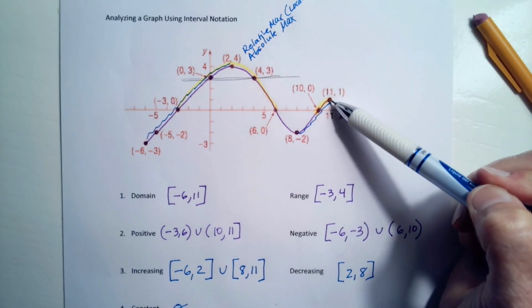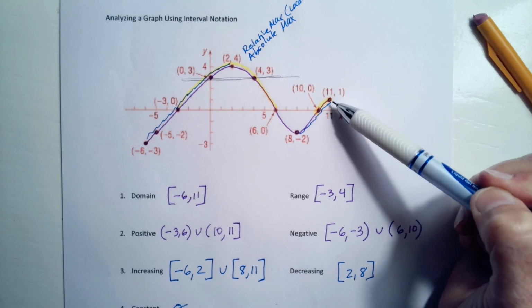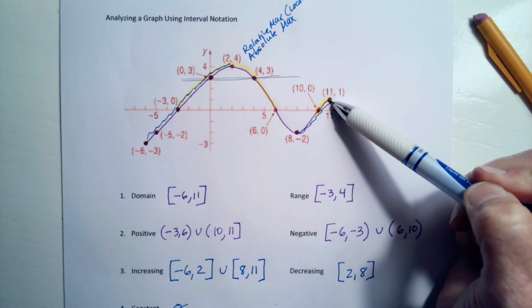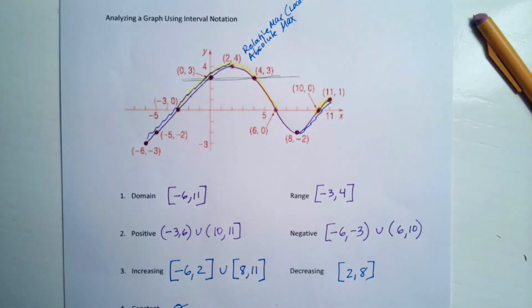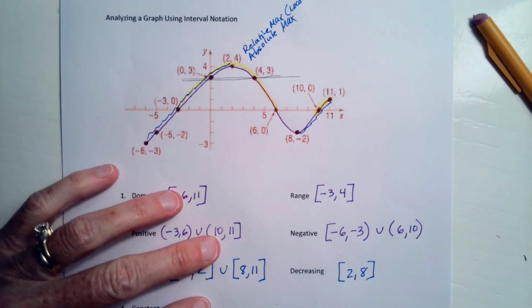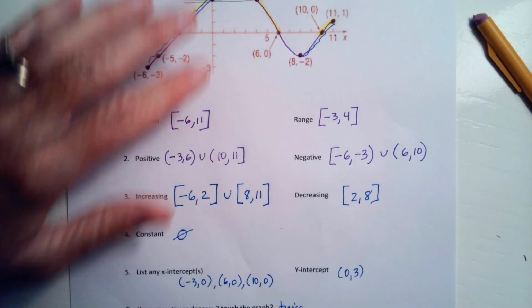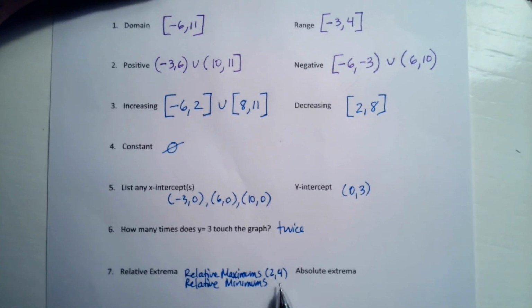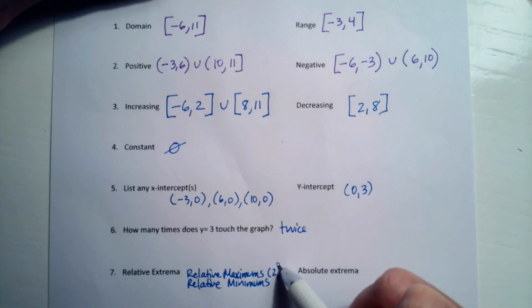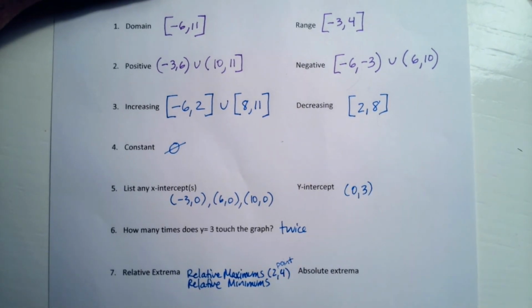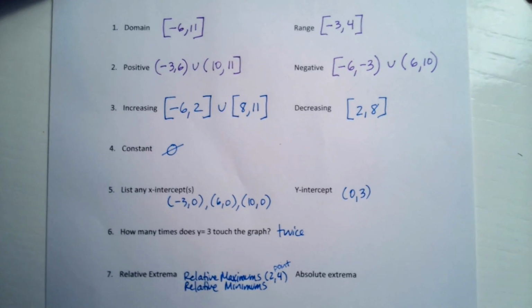Over here at (11, 1), this is not a relative maximum because it goes from increasing and then it stops. So the only relative max here would be at the point (2, 4). Now when I write that out as (2, 4), that's not an interval, that's a point. Intervals can look like points, but really that's a point. That's the only relative maximum there.